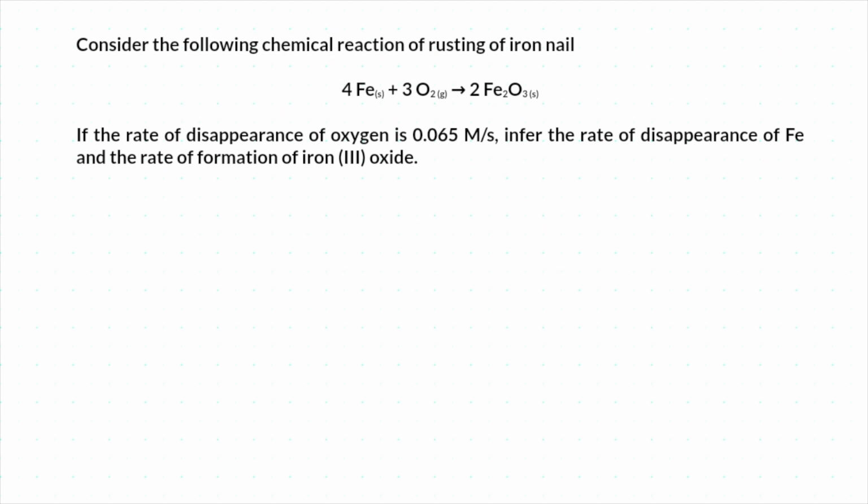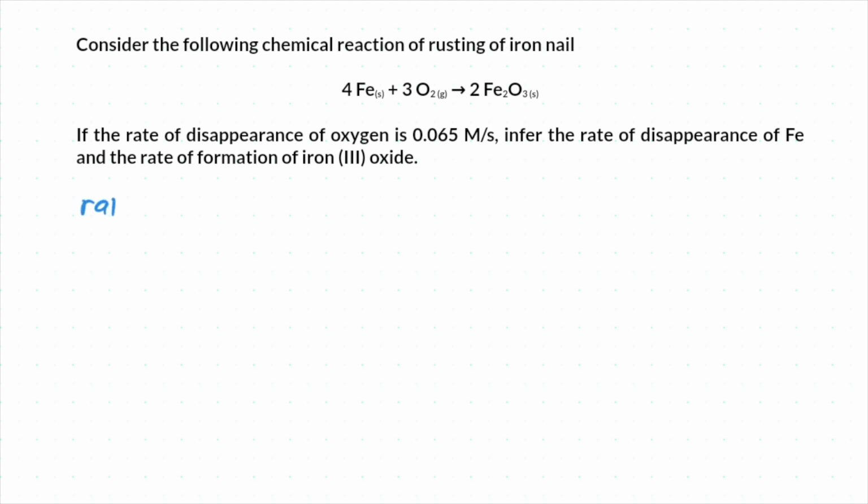Consider the following chemical reaction of rusting of iron nail. If the rate of disappearance of oxygen is 0.065 molar per second, infer the rate of disappearance of ferrum and the rate of formation of ferrum trioxide. So the first step to answer this question is to write the rate expression.